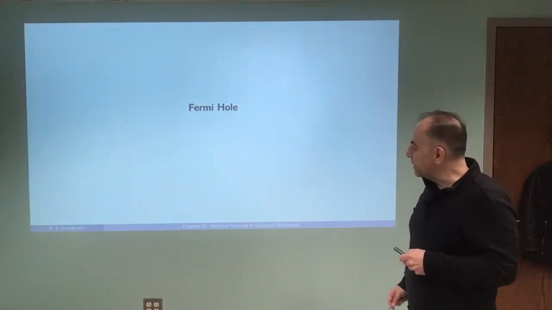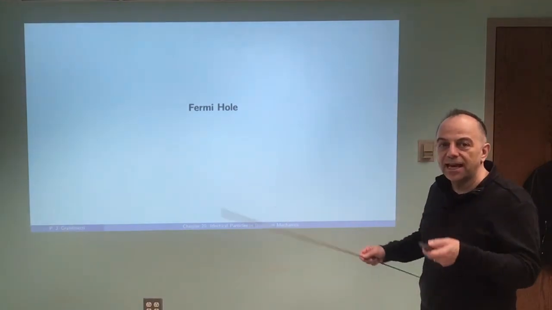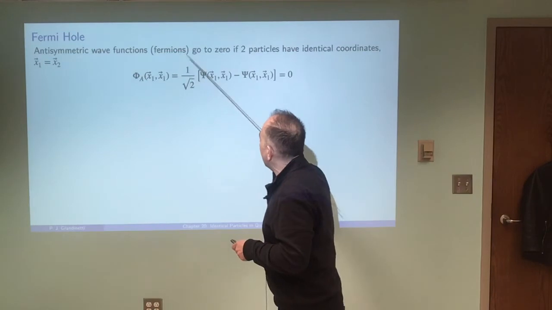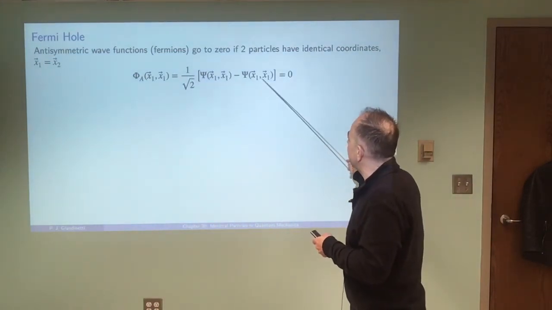Now, the next thing I want to talk about is something called a Fermi hole, which arises as a consequence of this behavior. If you remember, the antisymmetric wave functions have this difference here.